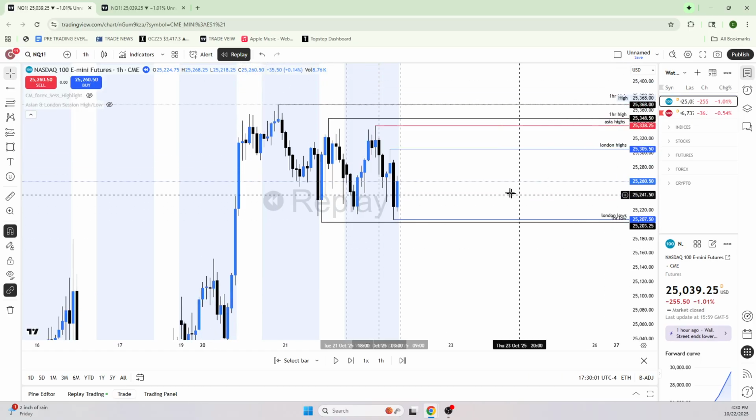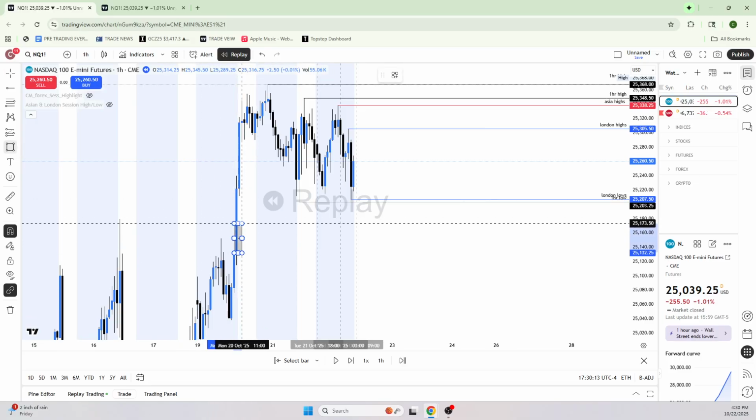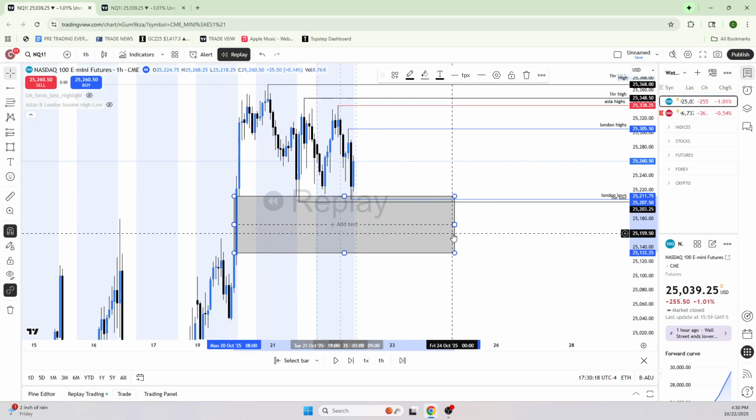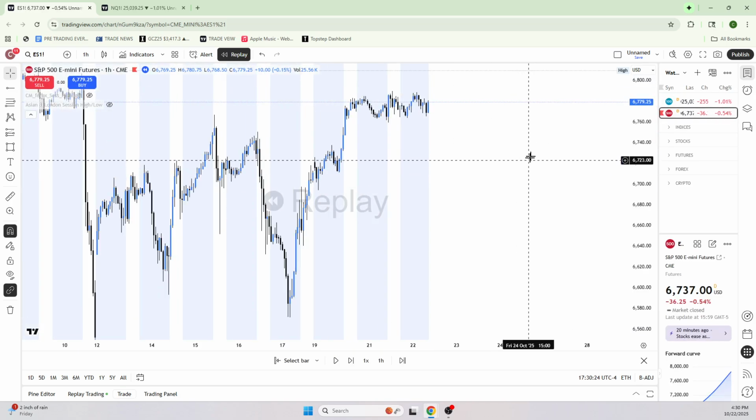Okay, so this is the NASDAQ. My setup for the NASDAQ: I would like to see London lows get swept, that 1 hour low gets swept, and then maybe tap into this as well, which we would if we take out those lows, but maybe tap in there, go higher on ES.